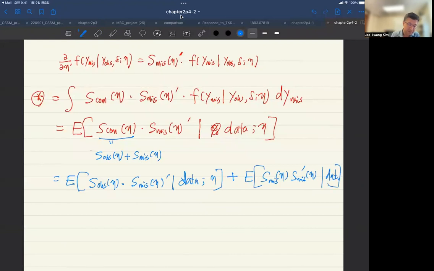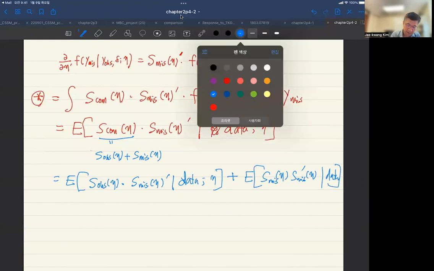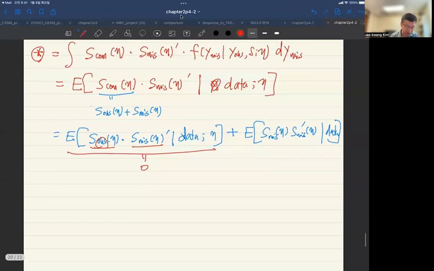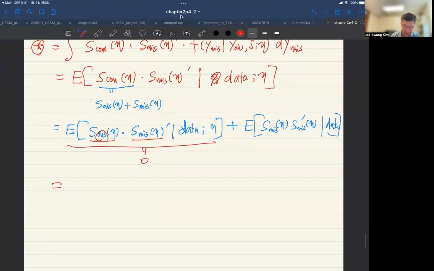The first term is 0. Why? Because we talked about the orthogonality, right? The observed part and the missing part score functions are orthogonal. So the first term is 0, and only the second term remains.